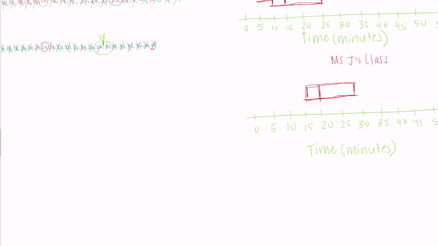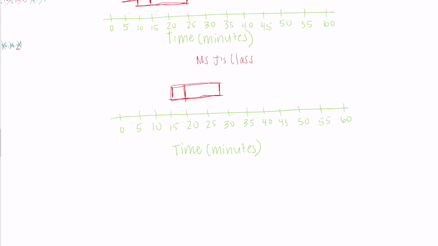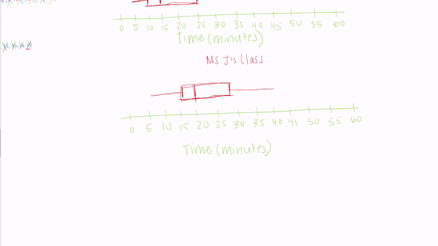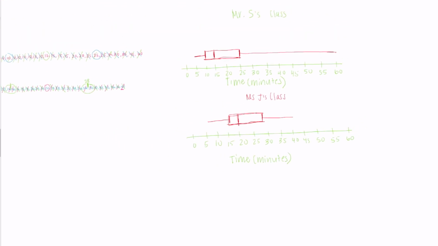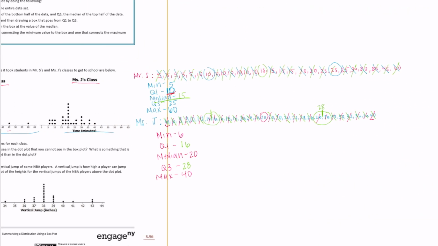And then our minimum was 6 and our max is 40, not 4. So there is Miss J's class, her box plot. So you can compare them and see the difference in the two.